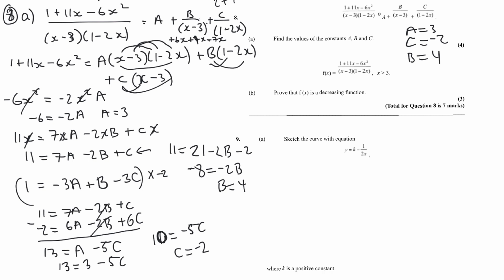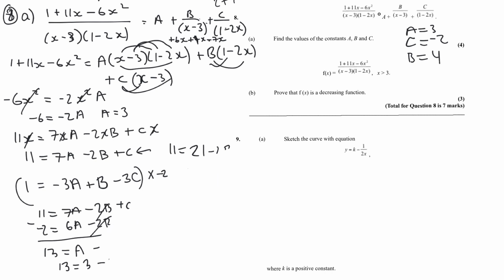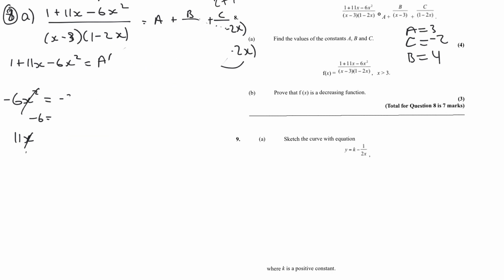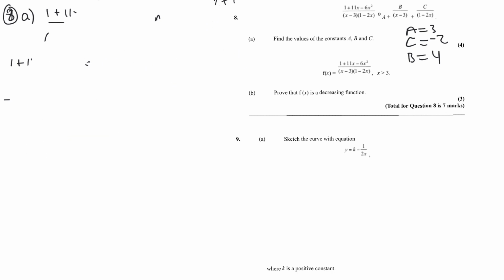Now for part B, which I'm going to rub out. So with part B, we need to prove that f of x is a decreasing function. So we're going to write out the algebraic fraction of what we just solved.